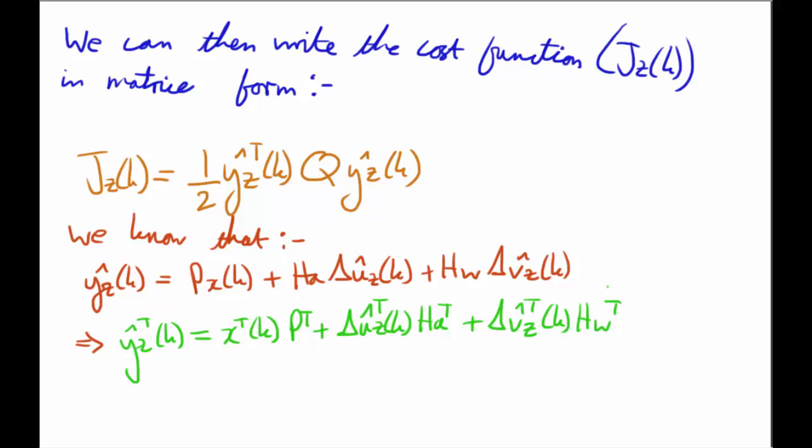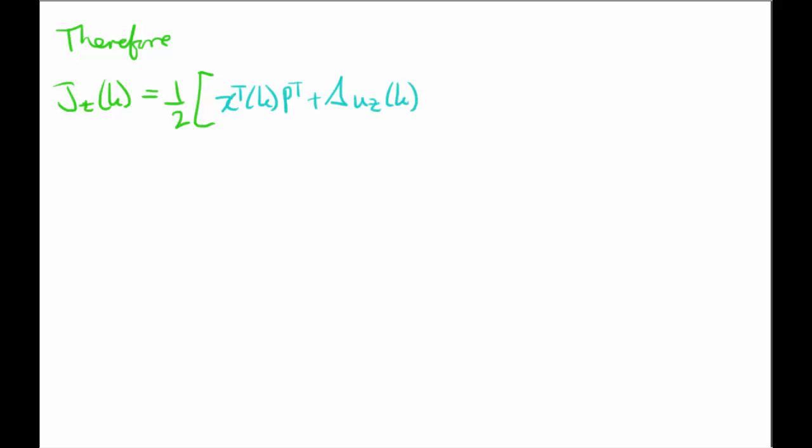So here we got the y hat values and the y hat transpose values. So then when we fill into the cost function matrix form that I just showed there, you get this value here. This goes on for ages, but I've done it in different colors, so hopefully you can follow.